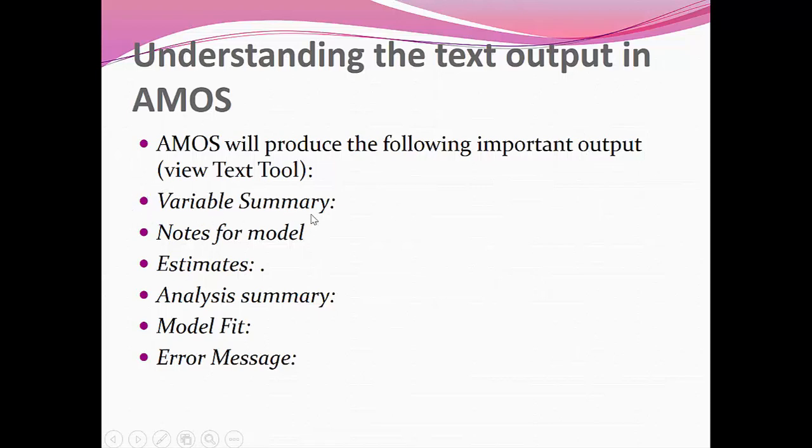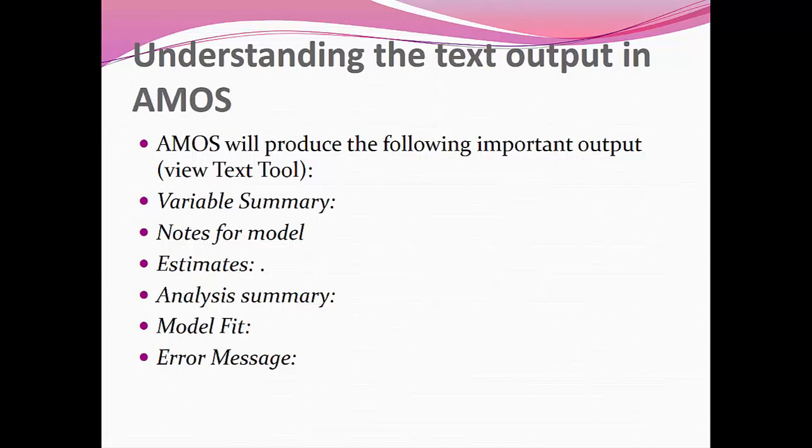It also shows us the observed and unobserved variables used for the model. Another important output is the notes for model. In the notes for model, AMOS tells you if the model is recursive. Then it also tells us the estimates. The estimates give regression weights, residuals, correlations, covariances, direct and indirect effects, and total effects.